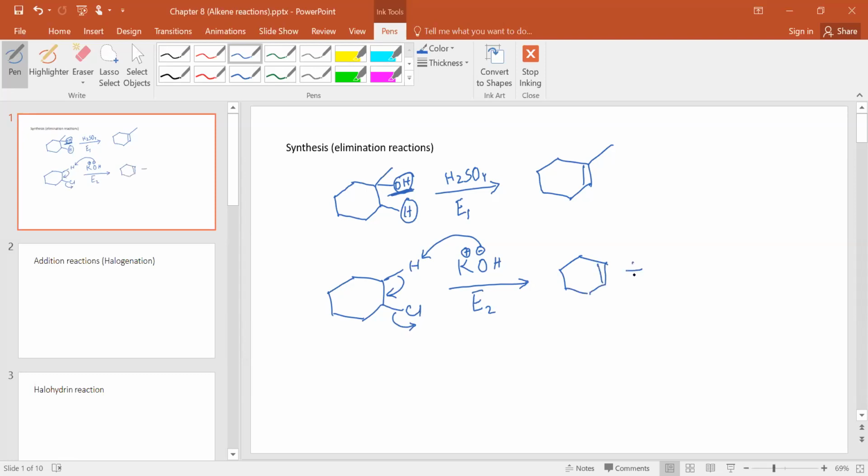It forms a double bond, KCl plus H2O. So these are the two important elimination reactions that are used to make simple olefins.